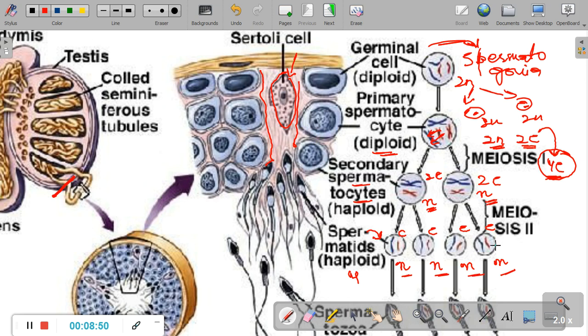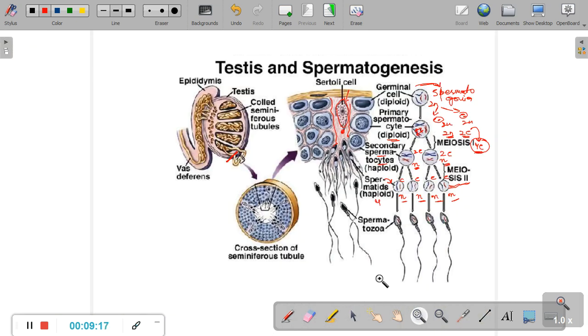Now you see, spermatids don't have tails, and the tails have to be formed, then they have to be made into functional sperms or spermatozoans. Now these spermatids attach themselves to the Sertoli cells, and the Sertoli cells then bring out changes. They nourish them, they transform them, and the spermatids are differentiated into cells called spermatozoa, or in simpler language, the sperms.